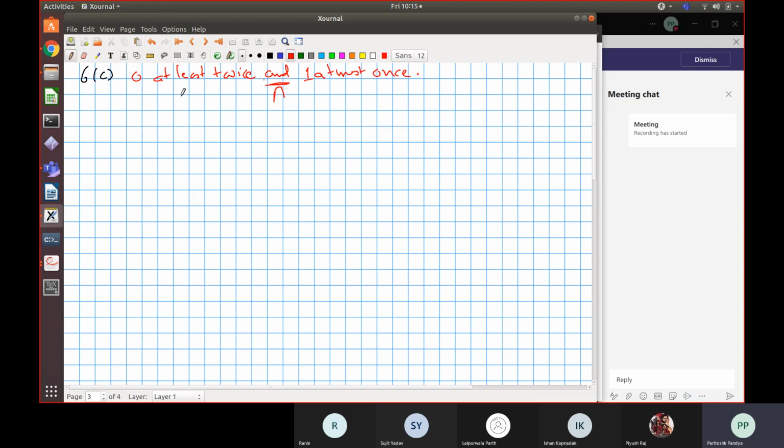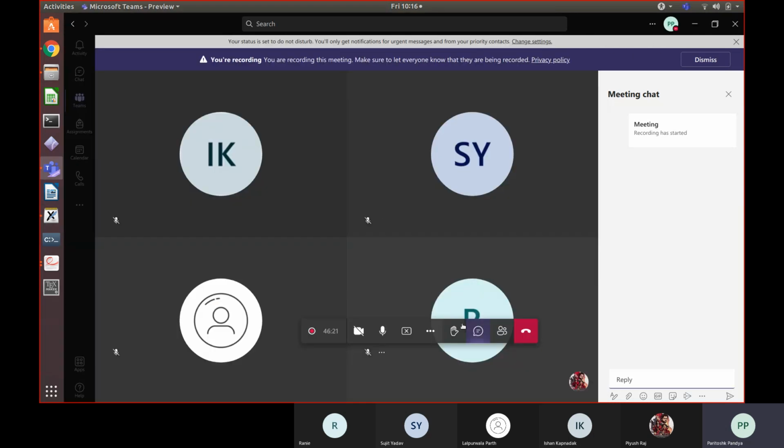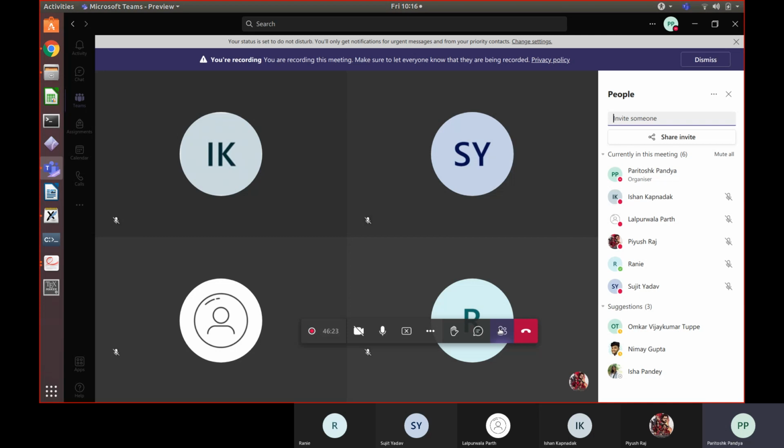Now somebody is going to help me build a DFA which recognizes all words over 0, 1, where 0 occurs at least twice. So who is present at the moment? Let us see who is still there. Participants. Okay, Piyush, you want to have a go?